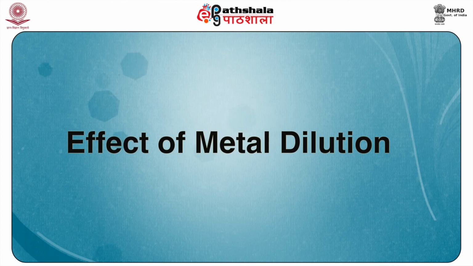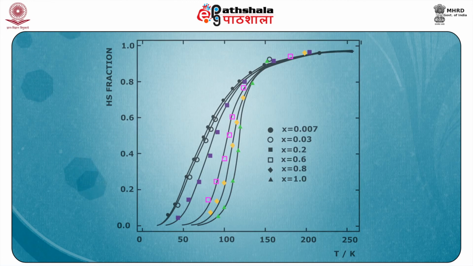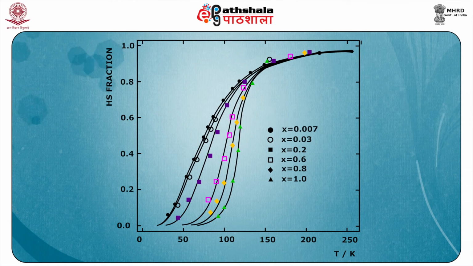Effect of metal dilution. The effect of dilution of spin transition complexes into the lattice of isostructural species which do not or cannot show spin crossover has proved to be very diagnostic of the function of cooperative interactions in influencing the nature of spin crossover in the solids.